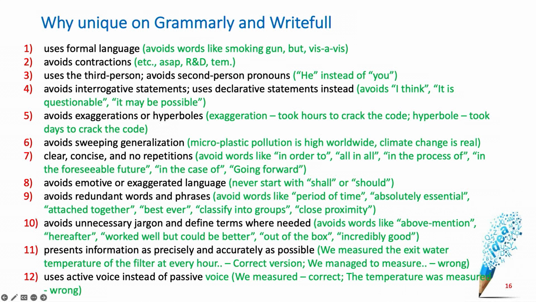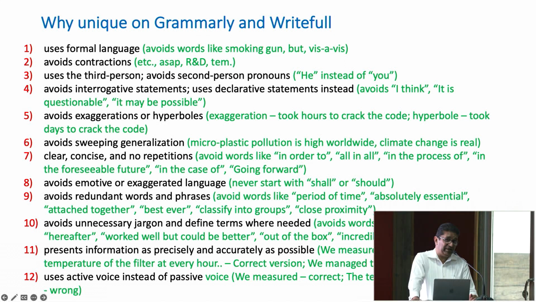Okay. Number 12, use active voice instead of passive voice. Very, very important. Right. "We measured the temperature" is correct, "the temperature was measured" is wrong. Sometimes the journals accept both, but by and large, I would advise you to go for the active voice so that many editors would prefer it.